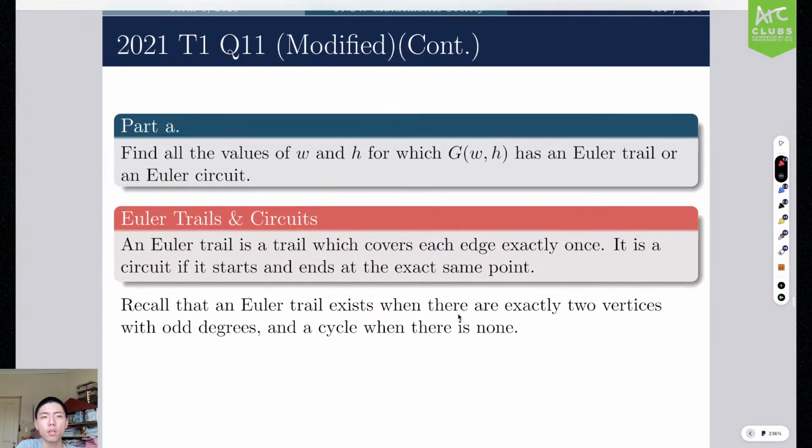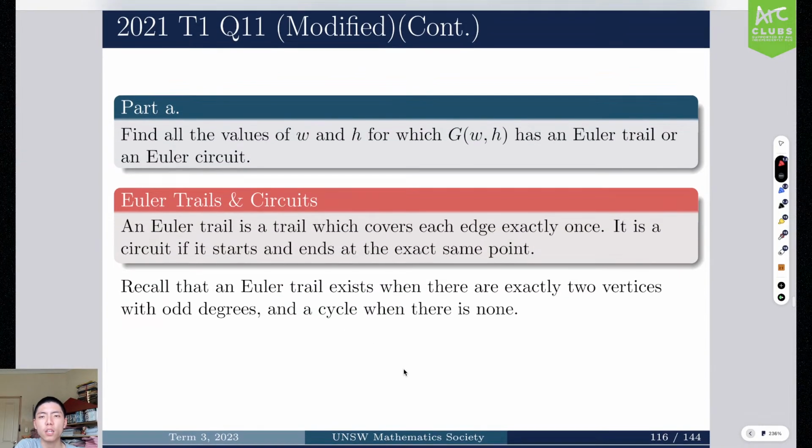Okay, so here, if it covers each edge exactly once, then we need to have exactly 2 vertices with odd degrees, and it is an Euler cycle or circuit when there are no vertices of odd degrees.